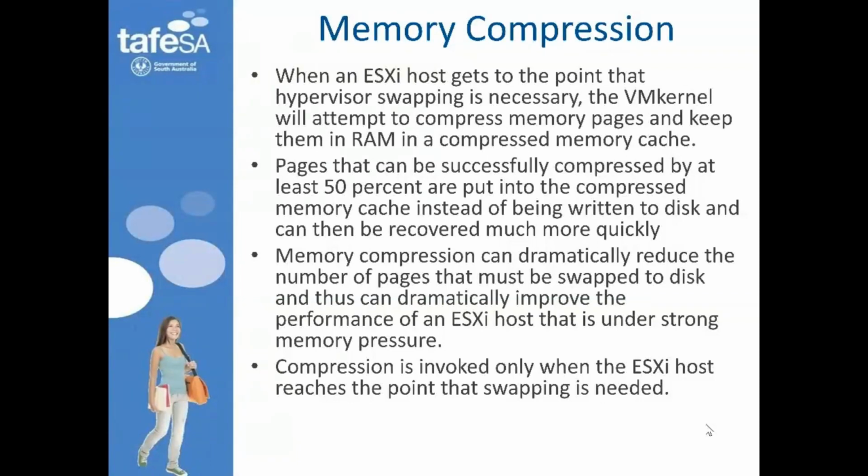Then there's memory compression. When the ESXi host gets to the point that hypervisor swapping is necessary, the VMkernel will also attempt to compress memory pages to keep them in RAM in a compressed memory cache instead of swapping. So what do we know about compression? We've all zipped files before.